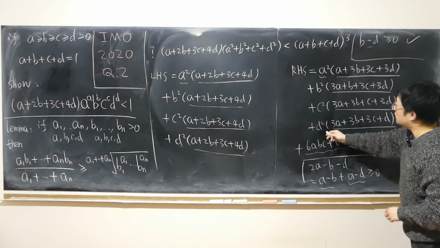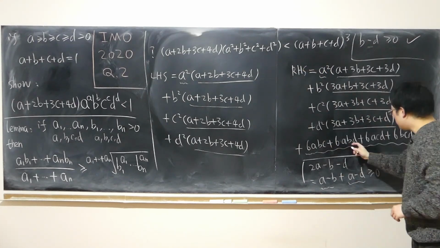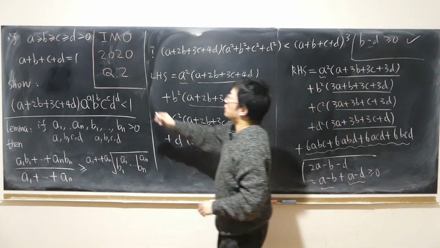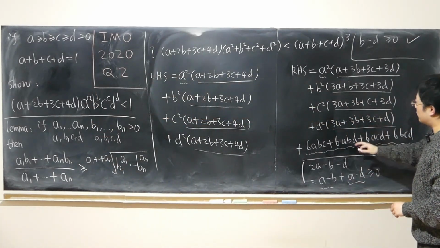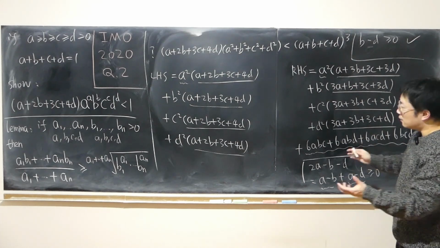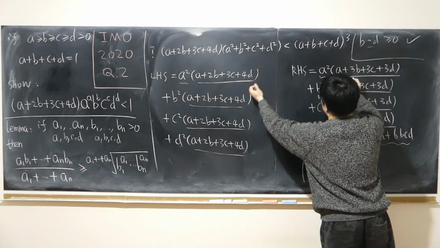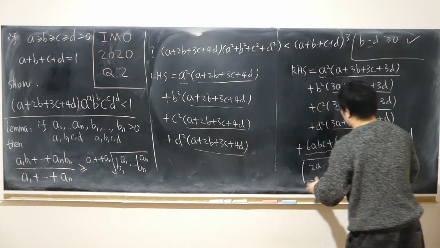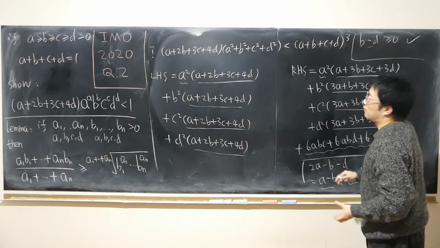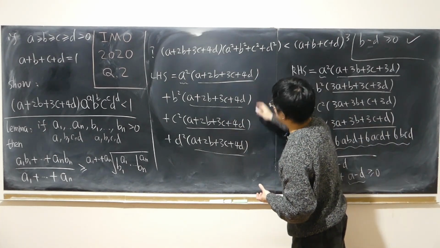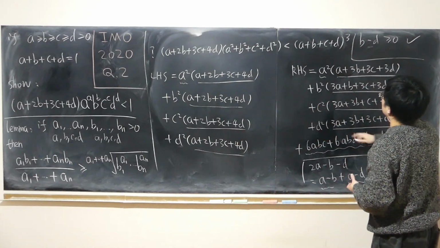This is why it's strictly less than. Like I said, all of the numbers are strictly positive, right? So definitely, even if the equal sign holds for everything, we still have this. That's strictly positive, right? So this whole piece must be strictly less than this whole piece, right? And we're done.